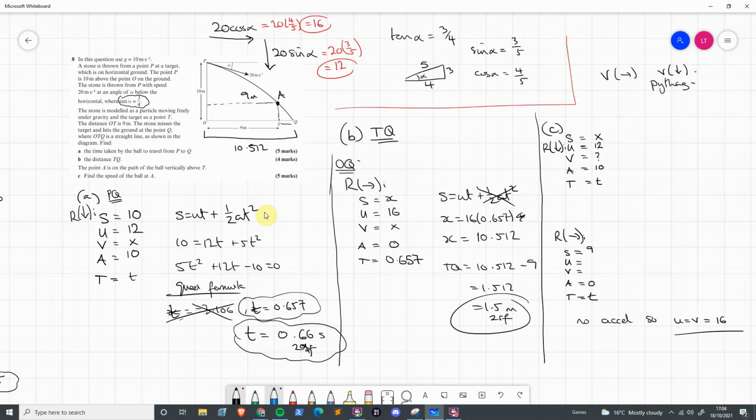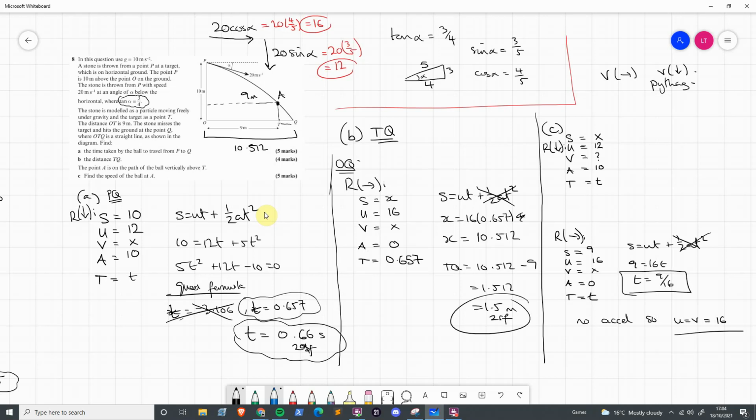We know we've travelled 9 across at that point because A is directly above T. We know the speed is 16, and we don't care about that. So s equals ut plus half at squared. Feels like we use this constantly. It's pretty boring. That goes. So what? T equals 9 over 16.